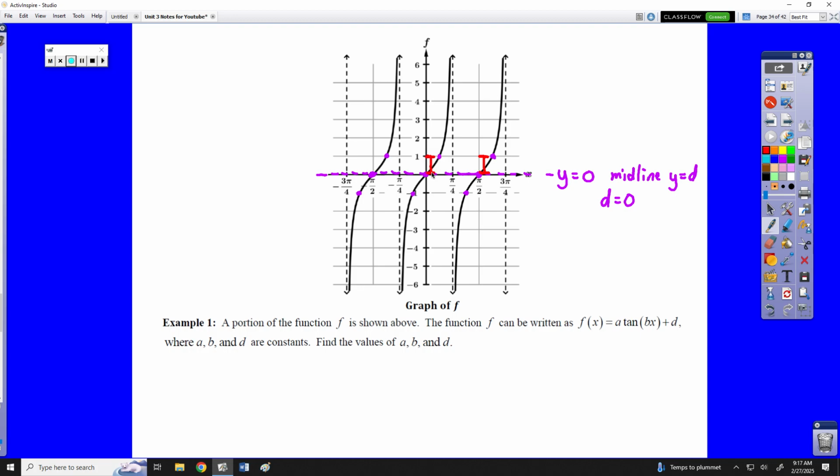That distance is 1 unit, whether we go up to that point or down to the point under it. So the absolute value of our a is 1 unit.